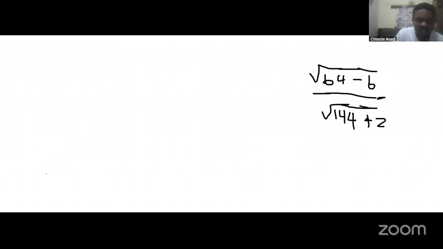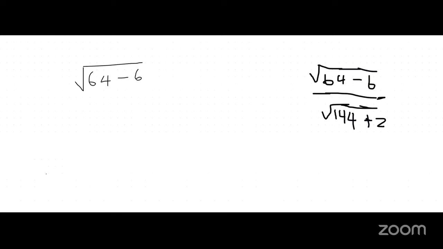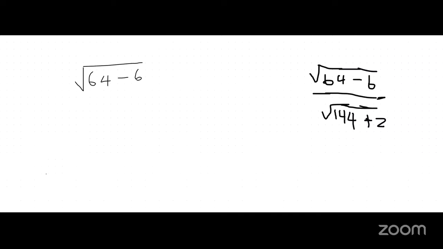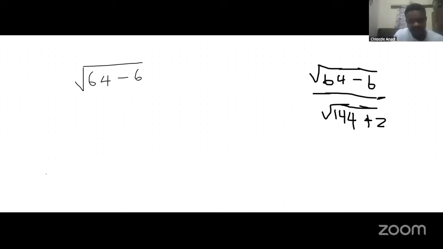This is square root of 64 minus 6. You've heard of rational numbers before, and you know that root 2 is an irrational number, right? Yeah.